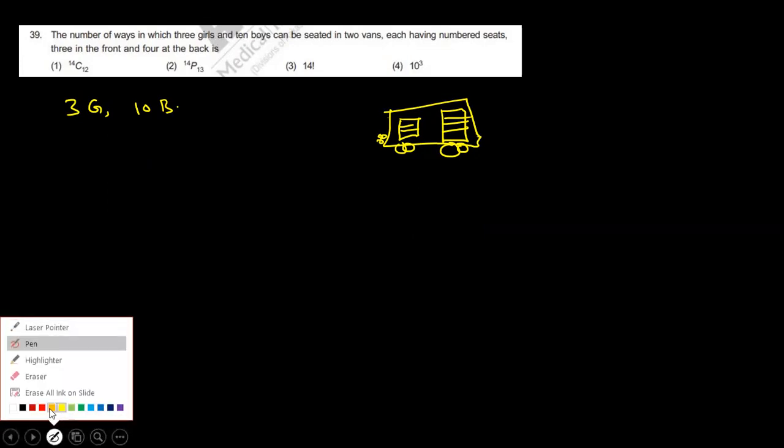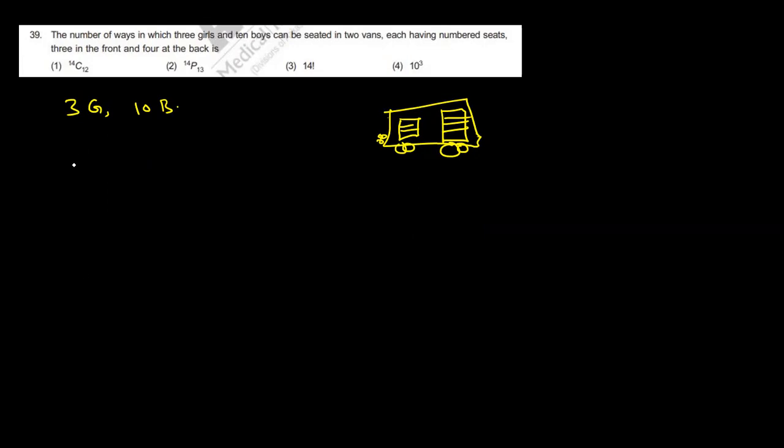Total how many seats are there in 2 vans? 4 plus 3 for each van, into twice. There are 14 seats in total.